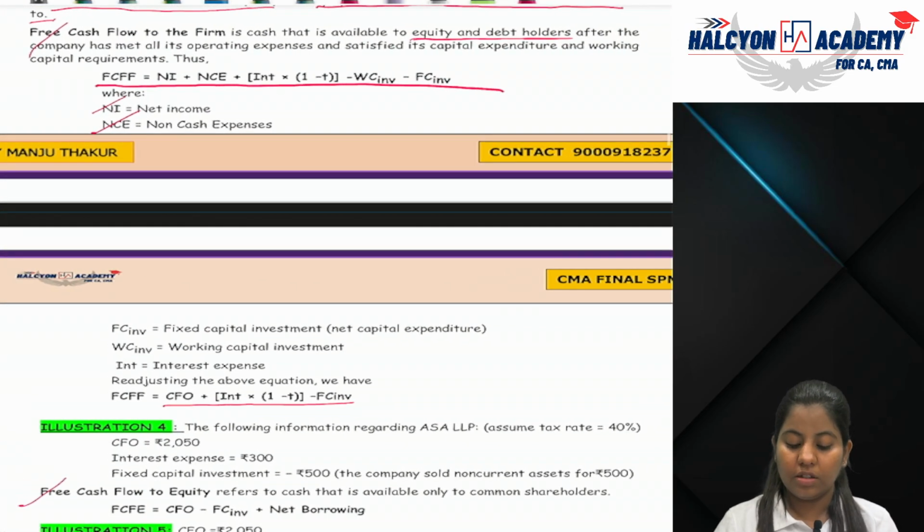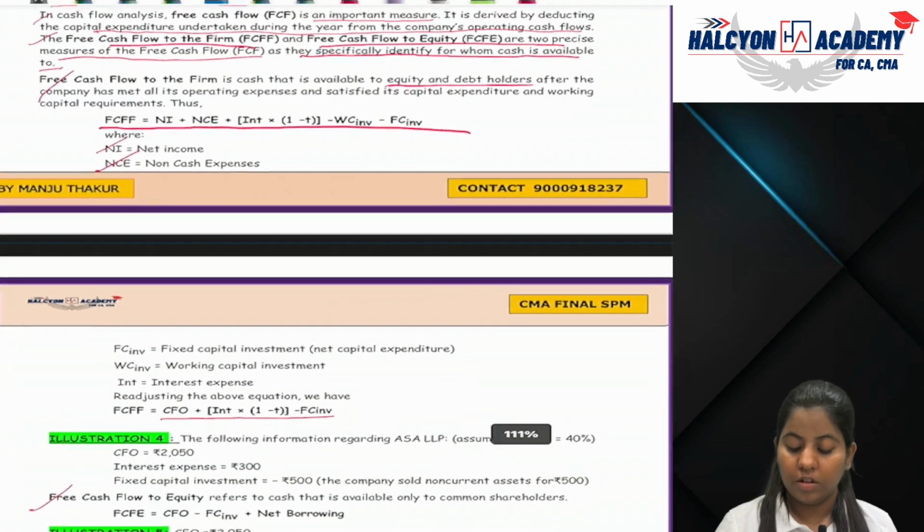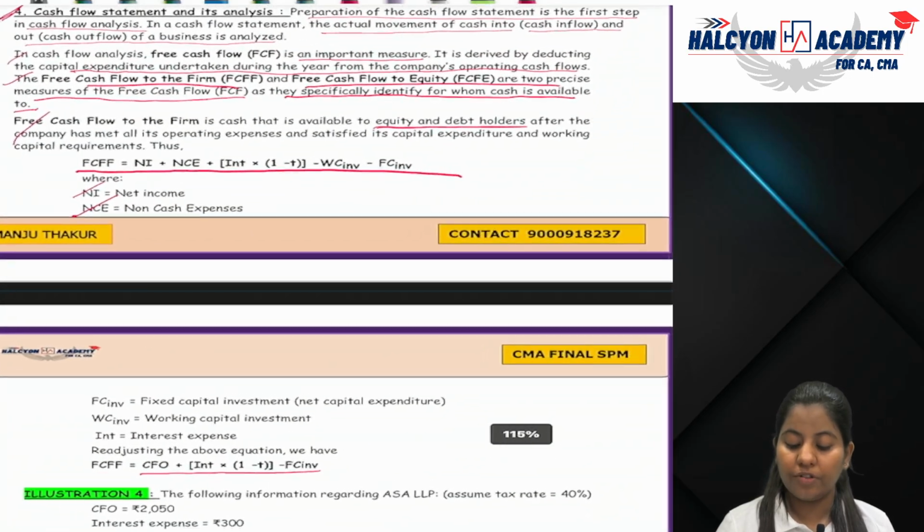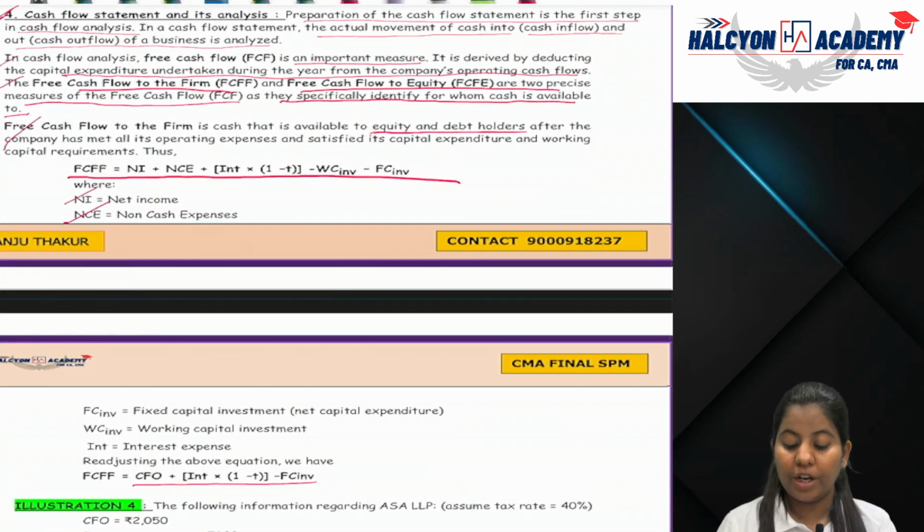Please read whatever is given in the book once. I am giving you 1 minute. Then we will solve illustration number 4, which is related to FCFF only.